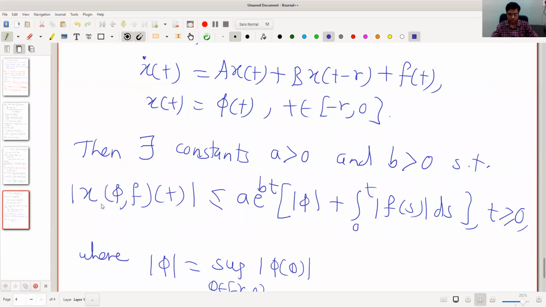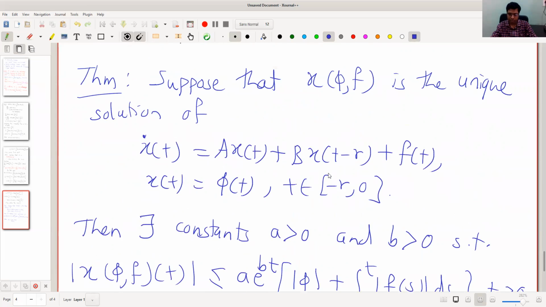So this shows how this solution depends on phi and f. So the bound on this solution is given in terms of phi and f. Norm of x of t. Last time we discussed what is meant by x of phi f of t. So we can skip this phi comma f. This just means that this is the solution of this problem with given function f and given initial data phi.